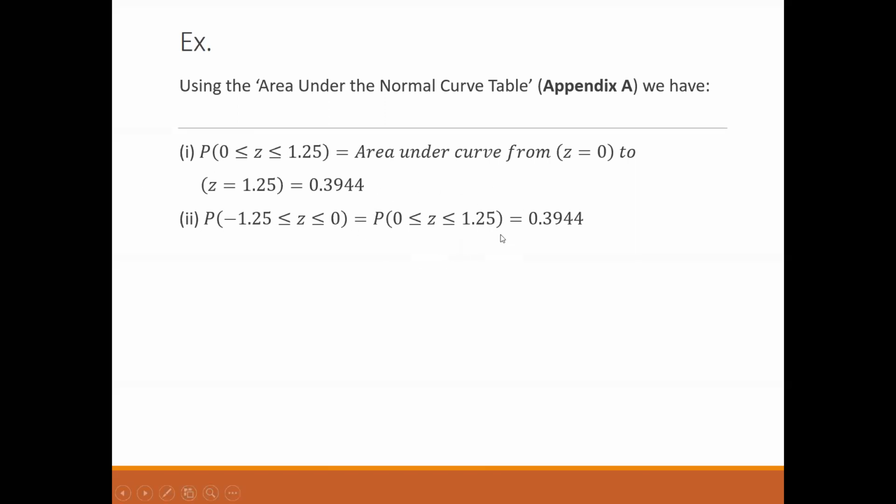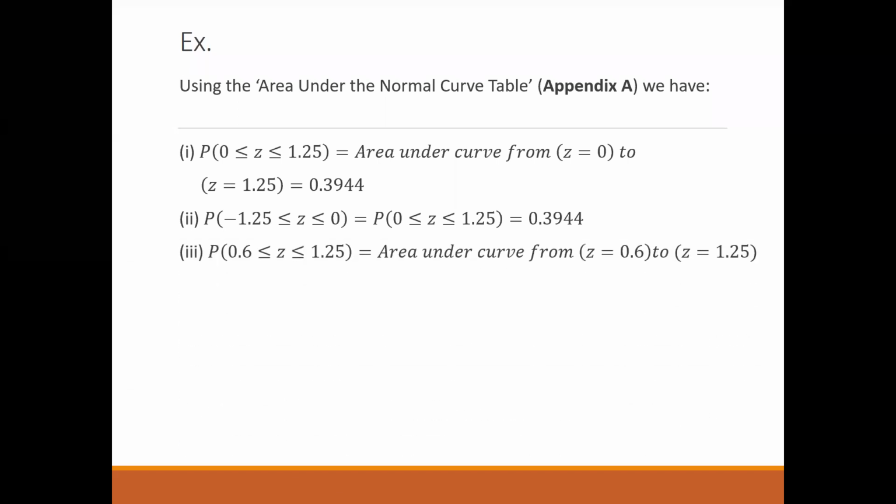I'll be using this form many times in the examples which we'll be taking. Again we go back to the table, and when we refer to the value of 1.25 in the standard normal curve table, you'll find the value as 0.3944.